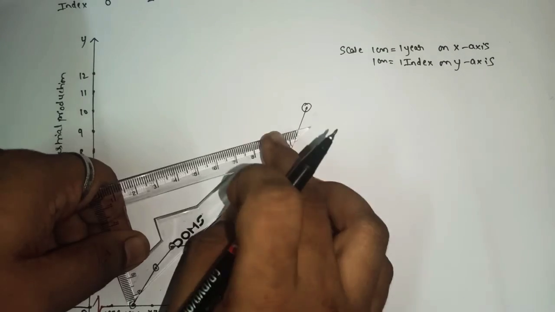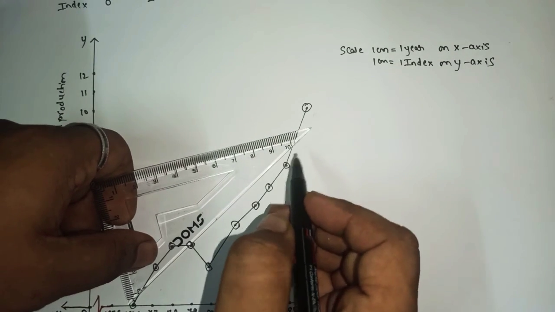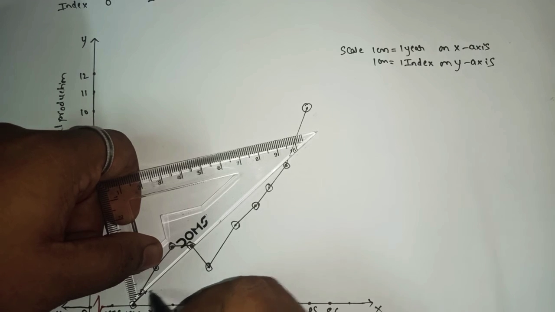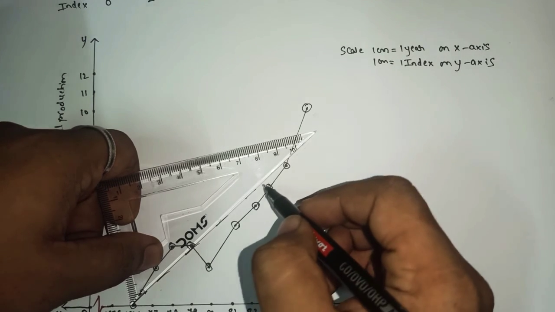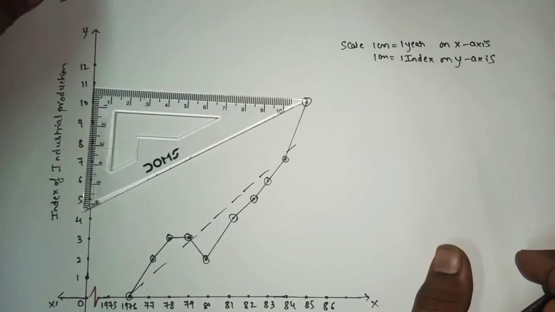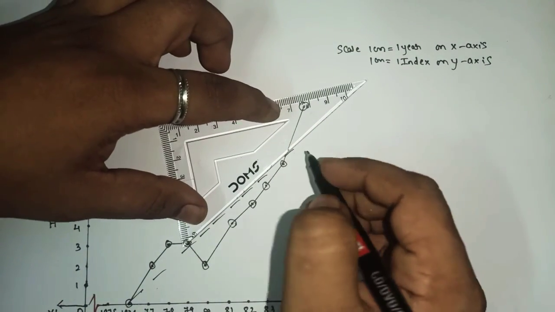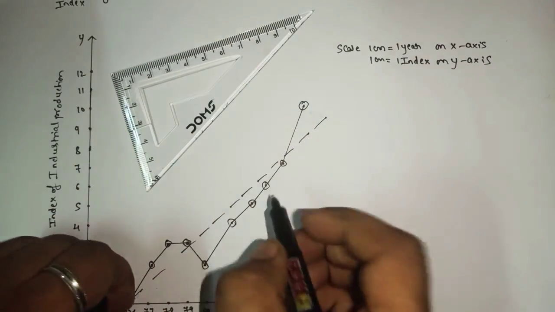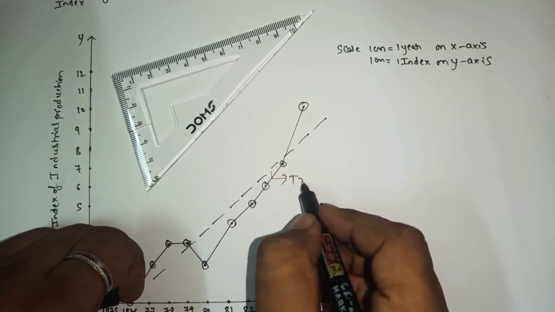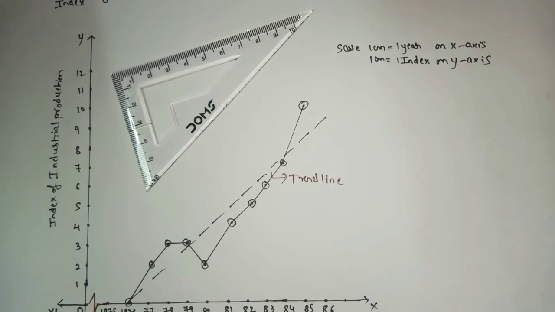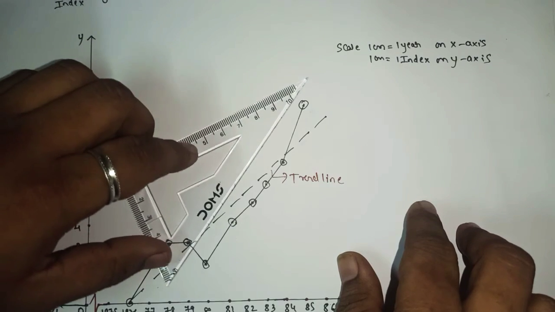So now for this sum I will draw like this. So this is for this sum the trend line. For this sum you can draw the trend line like this also.